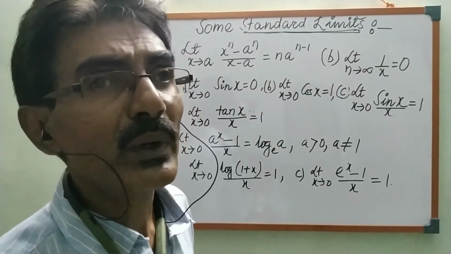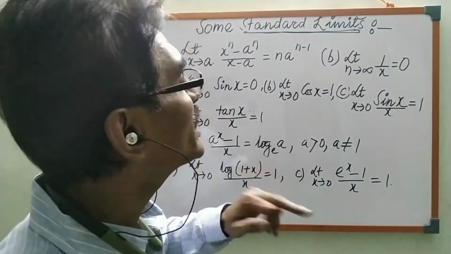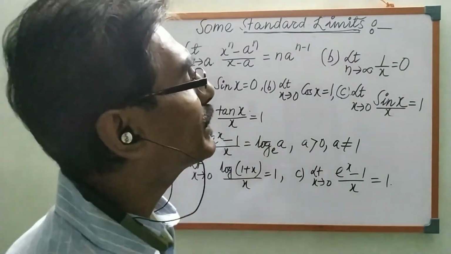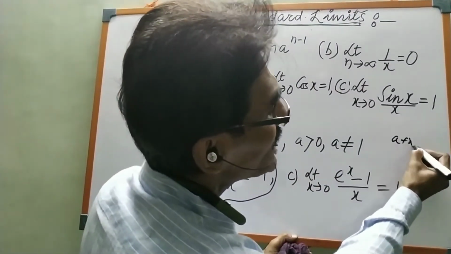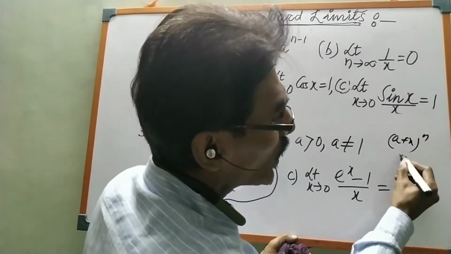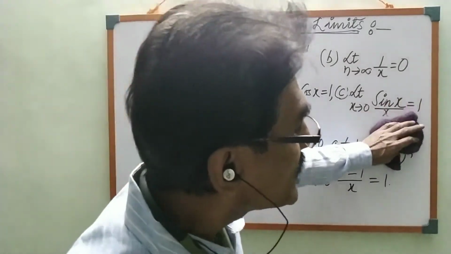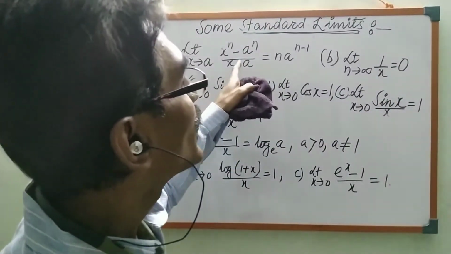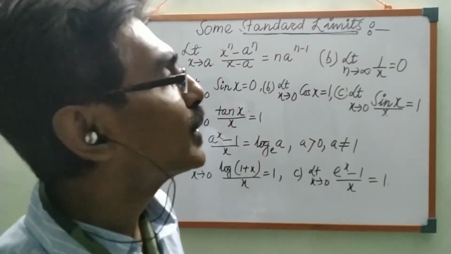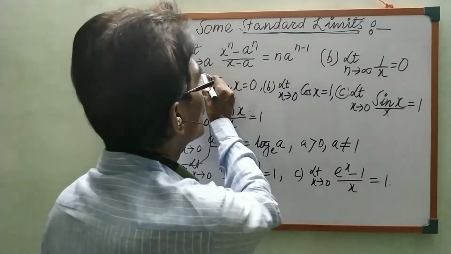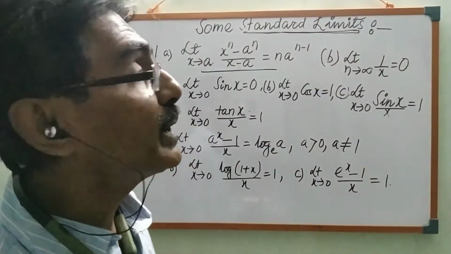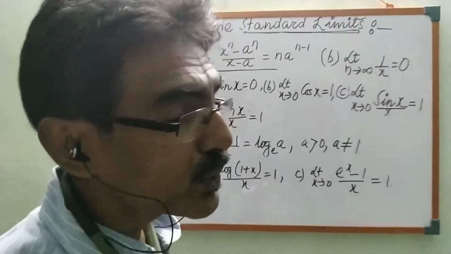After the binomial theorem, because a concept about the binomial theorem, like a plus x whole to the power n or 1 plus x whole to the power n, the result will be needed for the proof. That's why I'm not going to discuss the derivation of this important formula now.